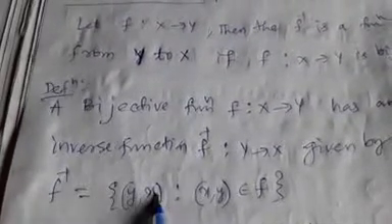A bijective function f such that x to y has an inverse function. That means f inverse such that y to x is given by f inverse is equal to the set of (y, x) such that (x, y) ordered pair belongs to f.